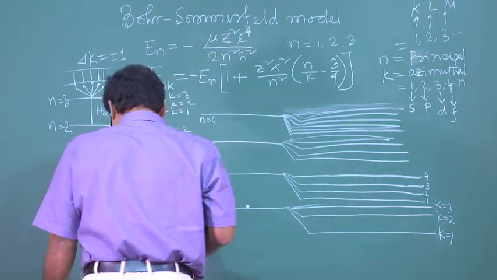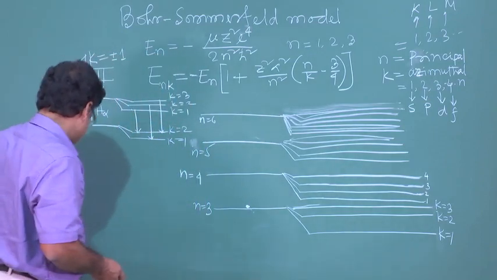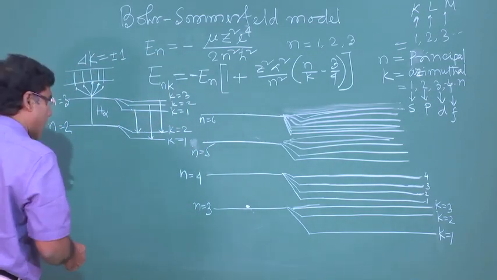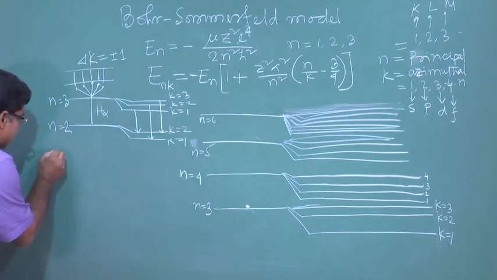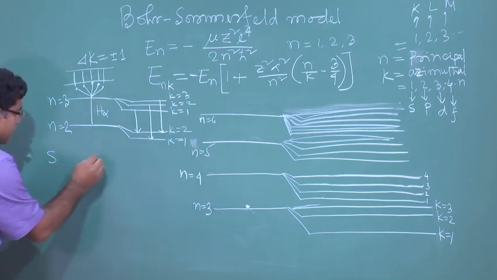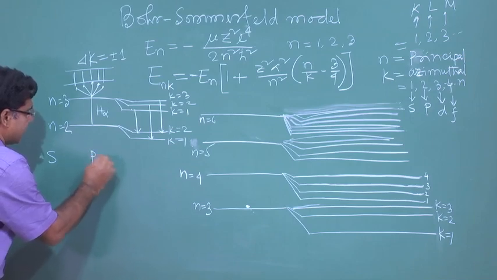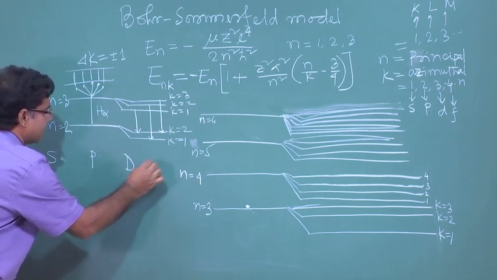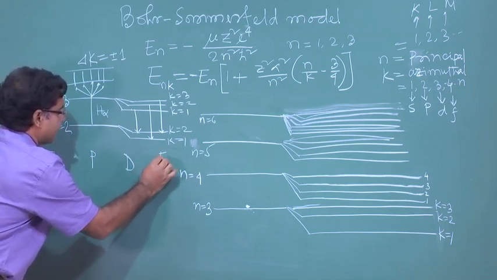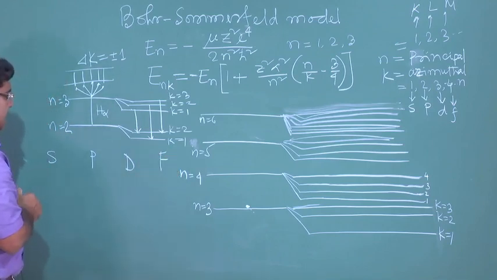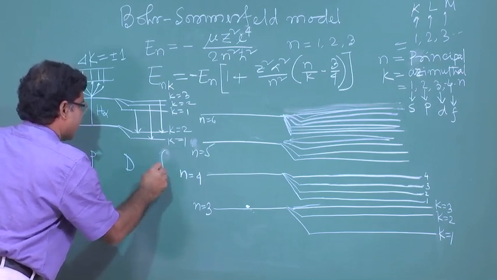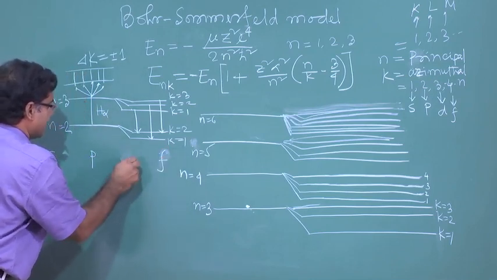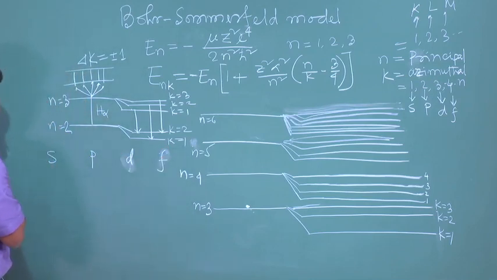If I plot just the S level, P level, D level, F level, F orbital, S, P, D, F. I think I should write with small letters d, p, s.